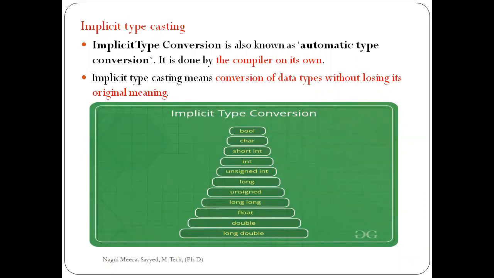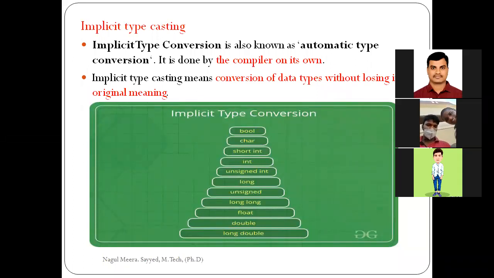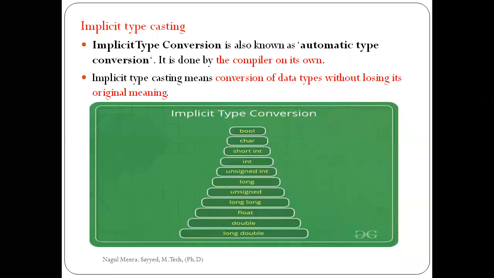Long double is the highest data type compared with all. So these all are implicit type conversions. What is the meaning of these? Simply, implicit type conversion is converting a data type without losing its original meaning, and it is performed by the compiler on its own.